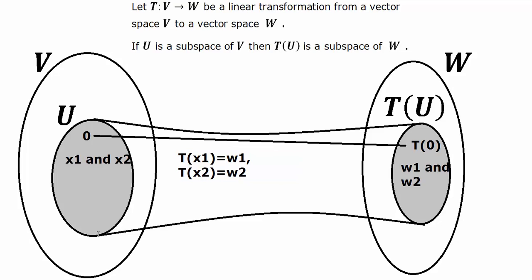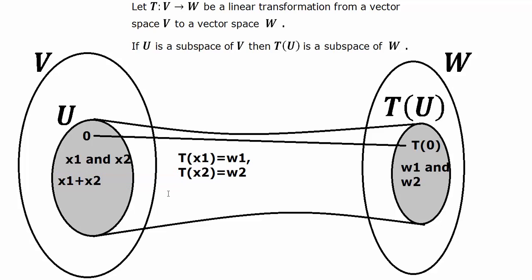Okay, all right. Now, x1 and x2 are in U, and U is a subspace. So what we will have then is that x1 plus x2 would be in U, and what we want to show is that w1 plus w2 will be in TU.